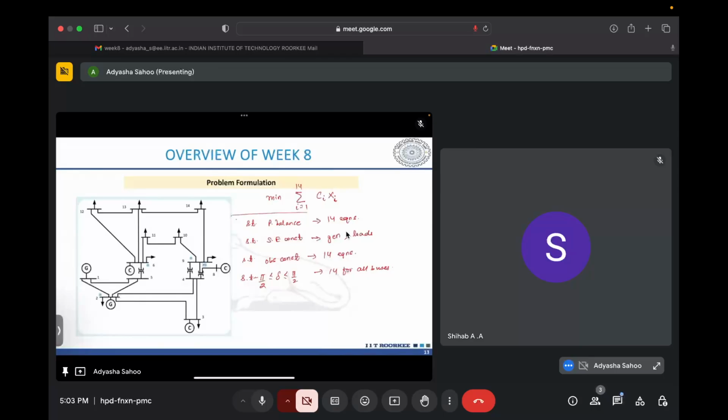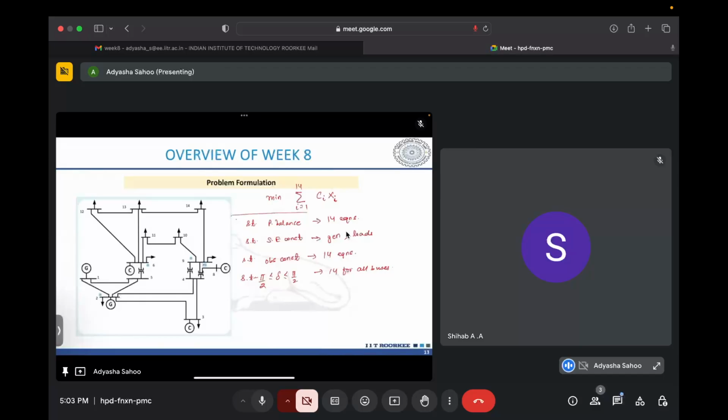I think the screen is stuck. Just a second. I'll reshare the screen once again.